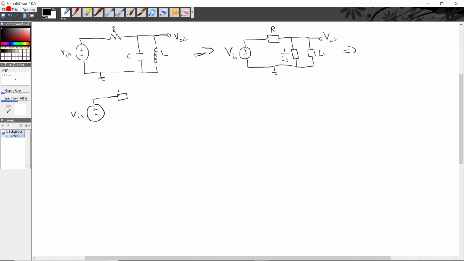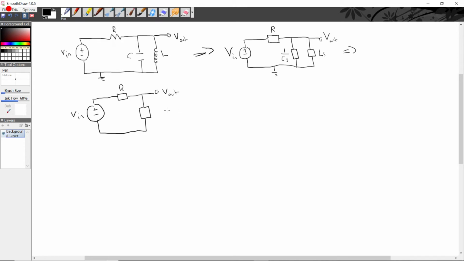Got our R box here. Okay, and we're going to use the parallel rule. And we know from the parallel rule that this voltage and this voltage are the same, and when we combine them into a single component, it's still the same voltage. So we're just looking for this voltage here, which is still V out.